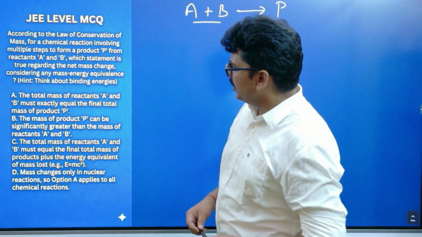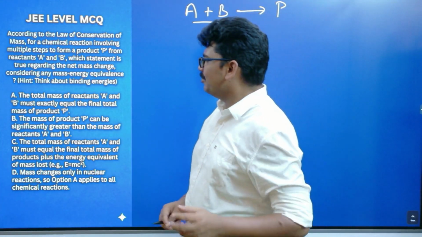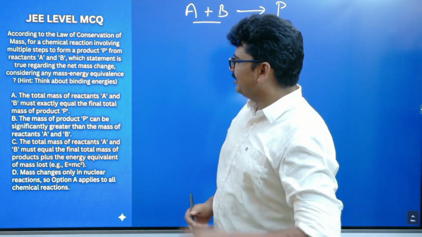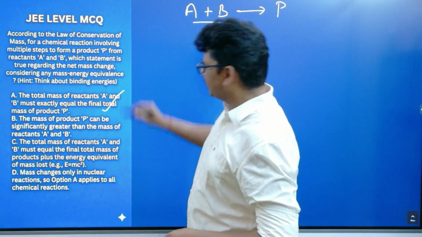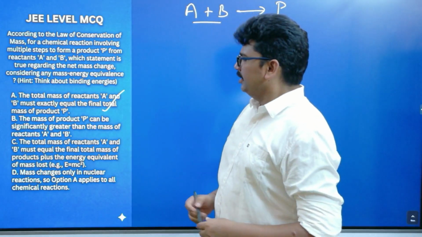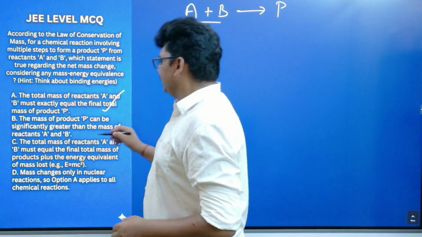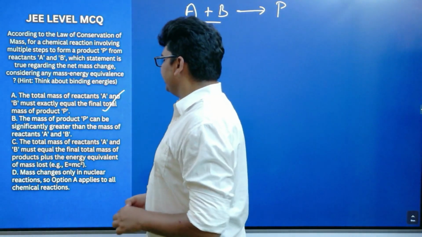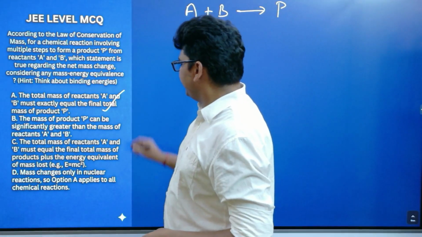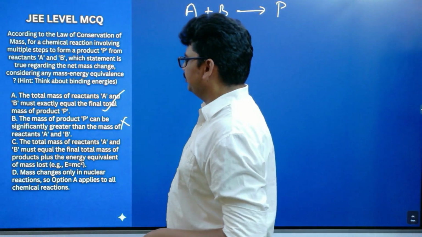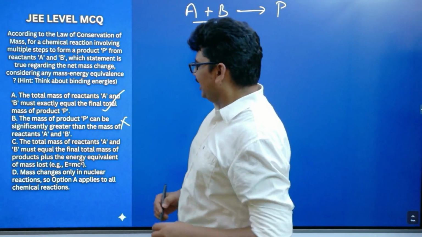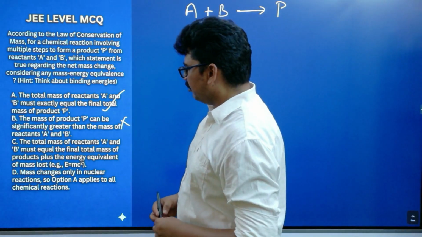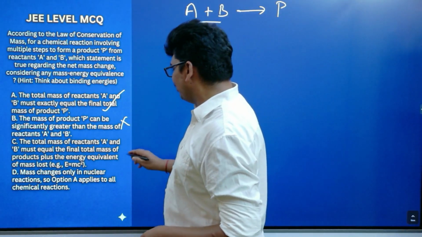Right. So the first statement is: total mass of reactants A and B must exactly equal the final total mass of product P. This is the correct statement. Next, the mass of product P can be significantly greater than the mass of reactants A and B. This is a wrong statement. Total mass of reactants A and B must equal the final total mass of products plus the energy equivalent of mass.